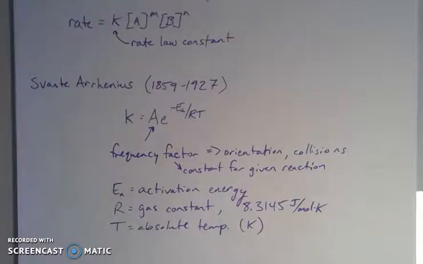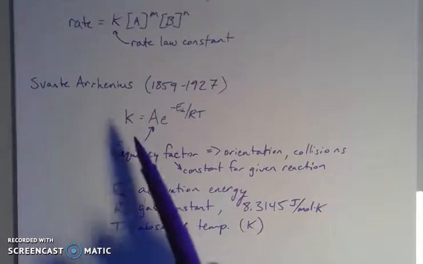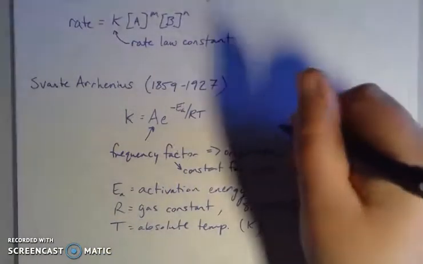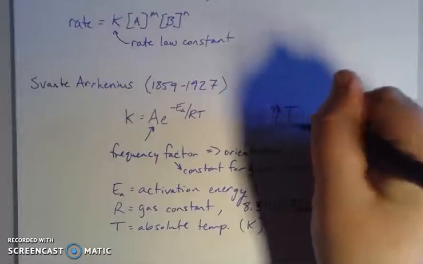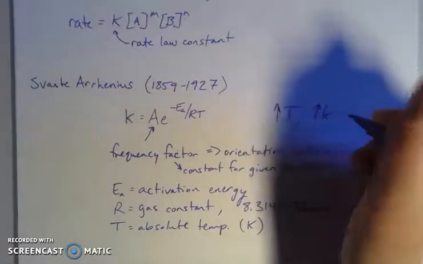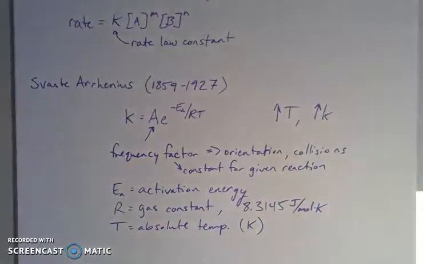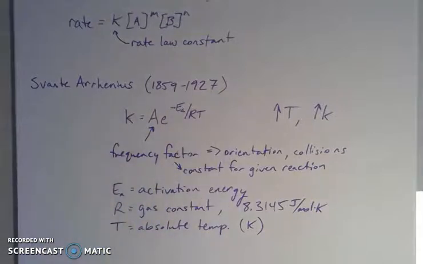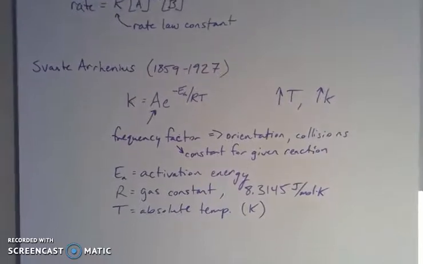So what this says is as the temperature increases, the rate constant increases. Okay, that's what we get out of this. Now, this is kind of a hard equation, I think, to unpack physically.